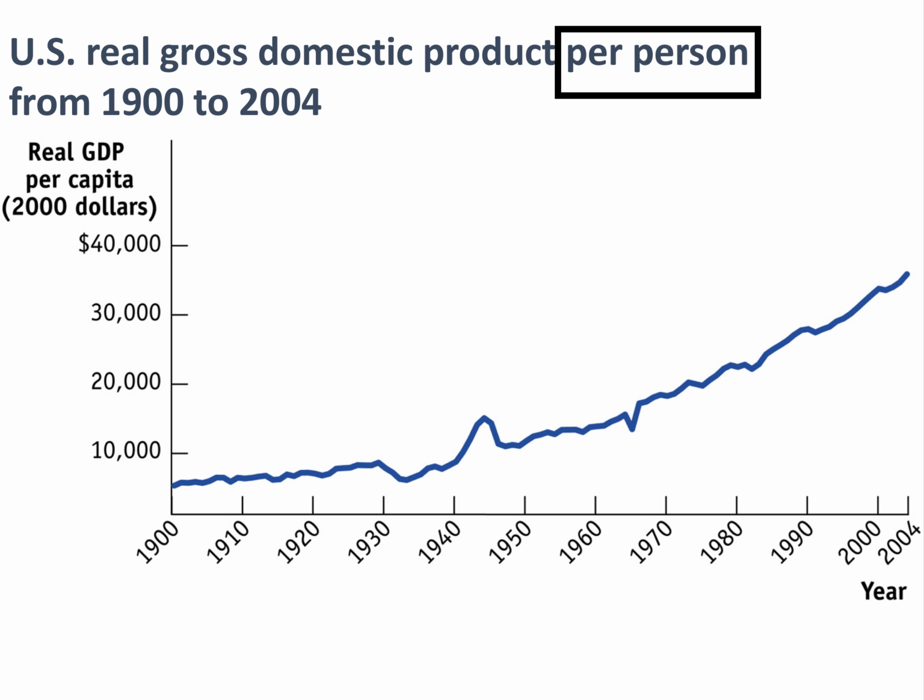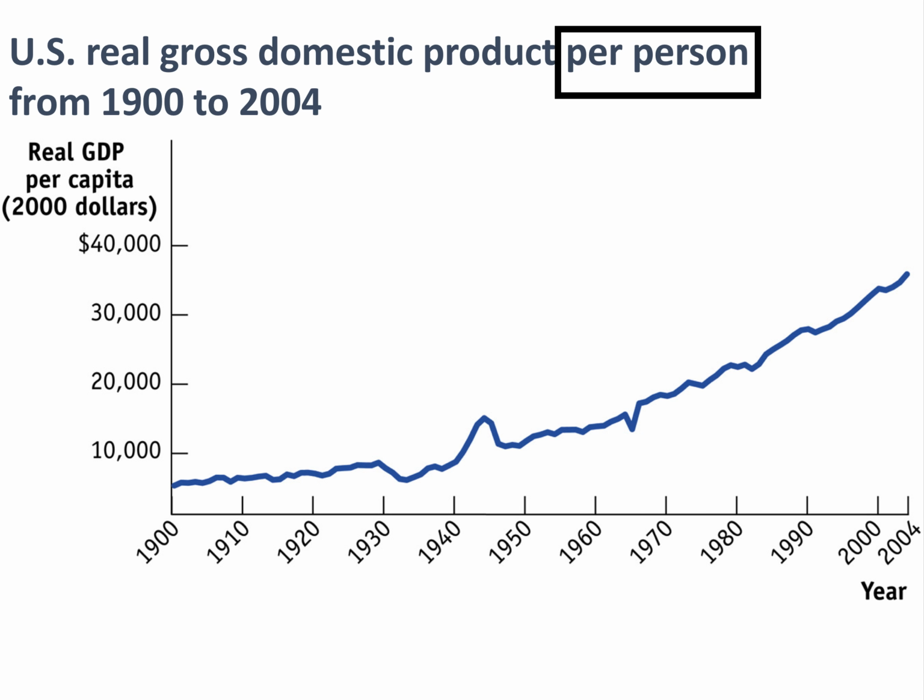And then you notice on the left side there near the top, in parentheses, it says in $2,000. What that is, we take the buying power, and we say what the gross domestic product is in the year 2000. And then we back down each year to see what the equivalent buying power would be in those kind of dollars.